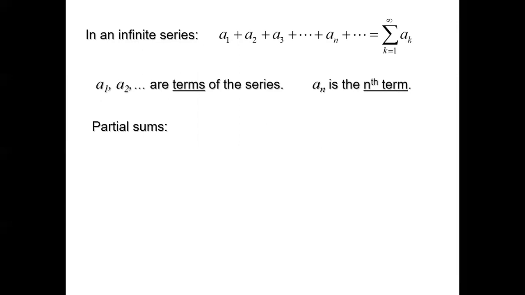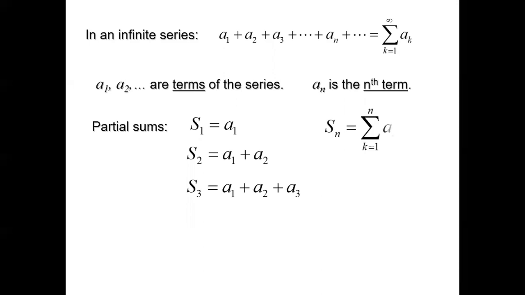Now, partial sums means that, obviously, we can't sum up an infinite number of terms, but what if we start looking for patterns? What if we take the first partial sum, which frankly is just the first term? That doesn't tell me much. But the second partial sum is where I add the first 2 terms to see what that adds up to. Well, that might get me a little closer to an idea of what's going to happen.